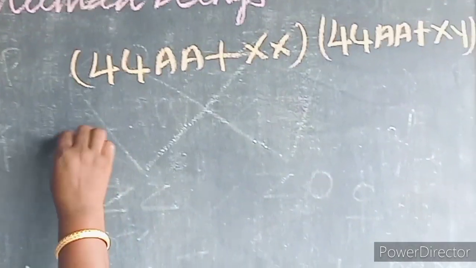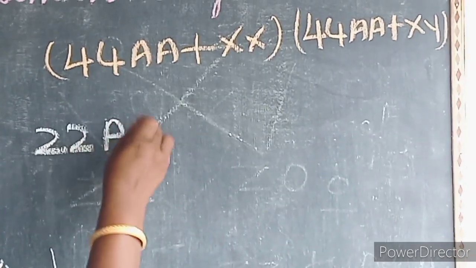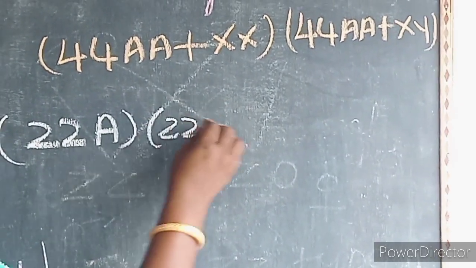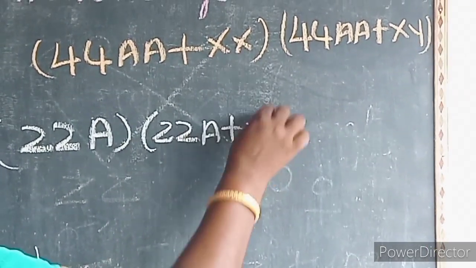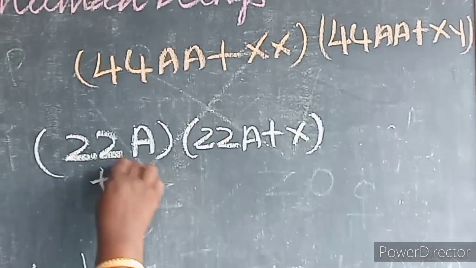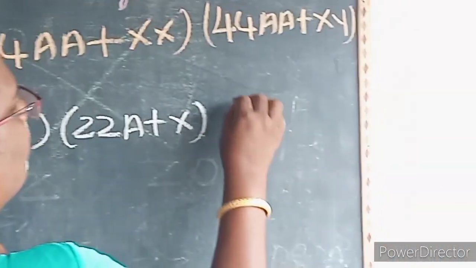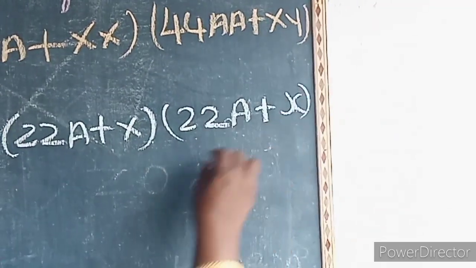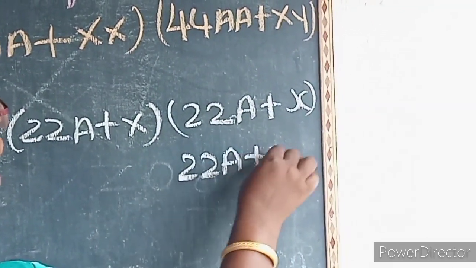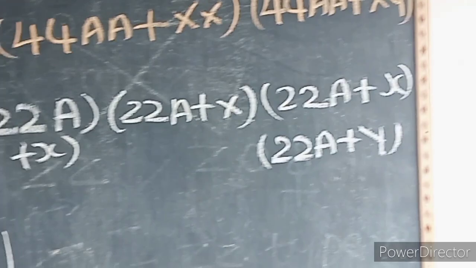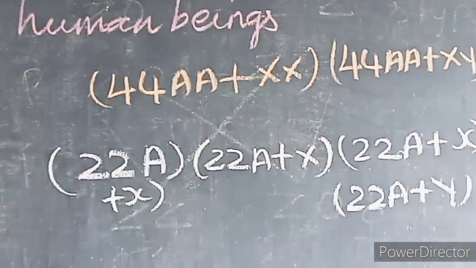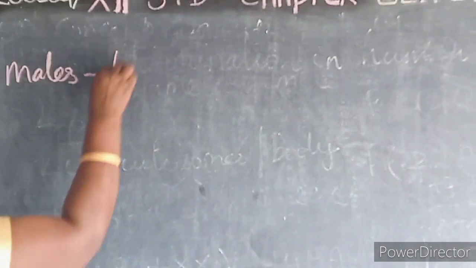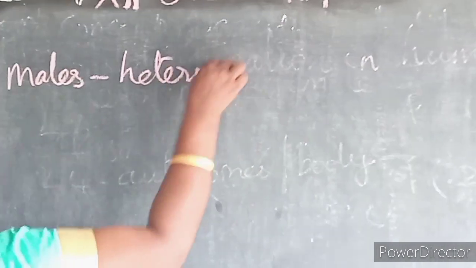That is 22 autosomes plus X, then 22 autosomes plus X, 22 autosomes plus Y. So here in the human beings, the males are the heterogamete.